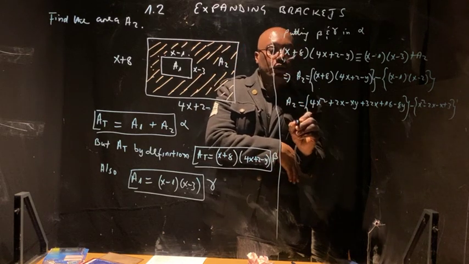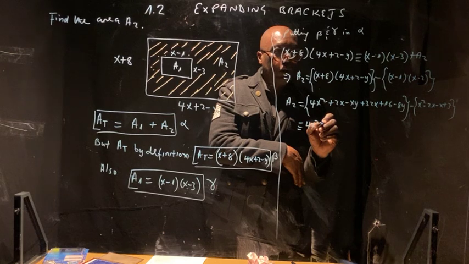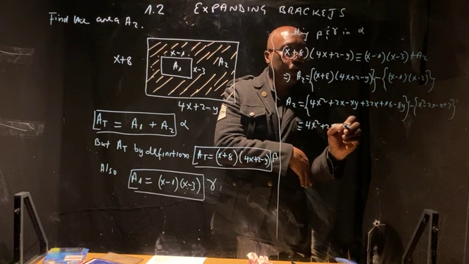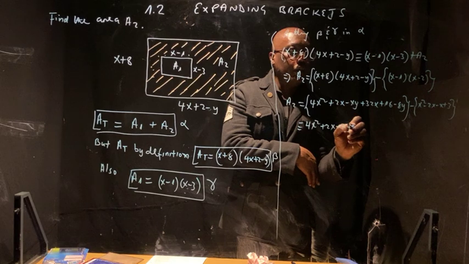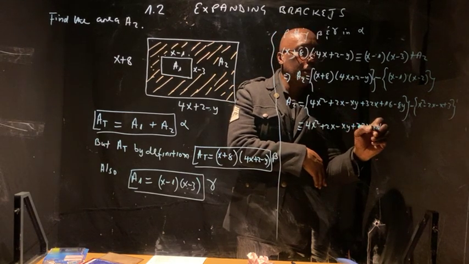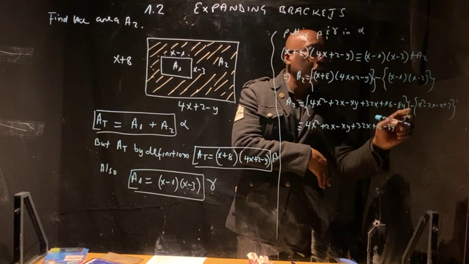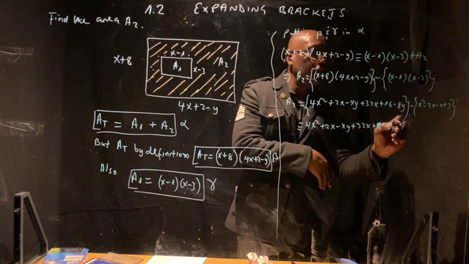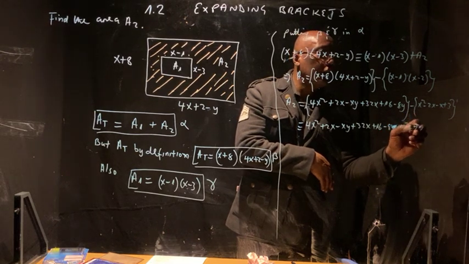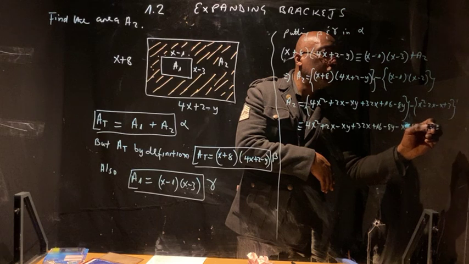This one is no different from 4x squared plus 2x minus xy plus 32x plus 16 minus 8y minus x squared plus 2x plus x minus 3.